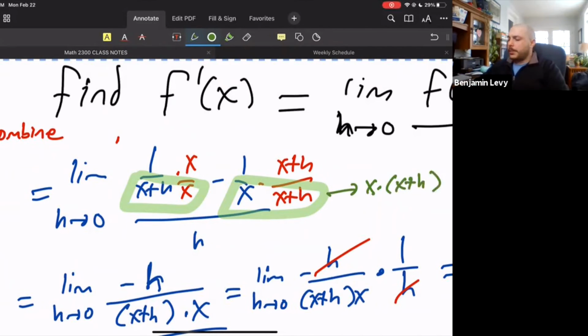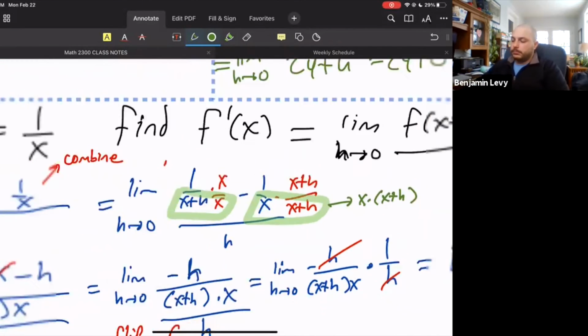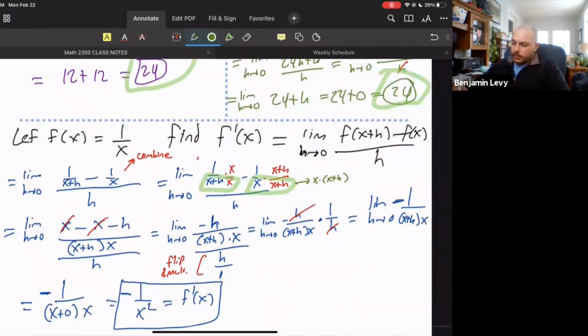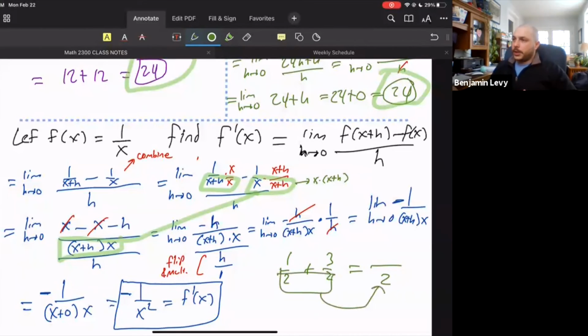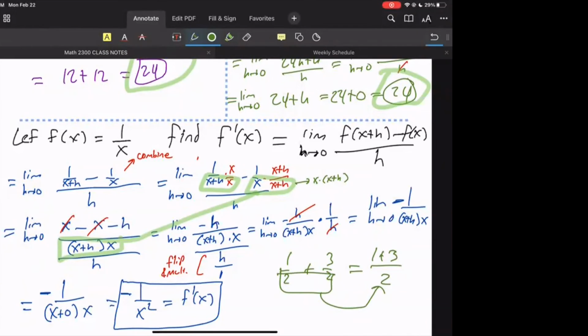So we found a common denominator, which is exactly what I think you were asking about. It's like when you add fractions, like 1/2 plus 3/2, you just rewrite the bottom. You don't add the bottom. You just rewrite the bottom, and then you add the top. And that's what we did in that fraction problem. Okay. Thank you.